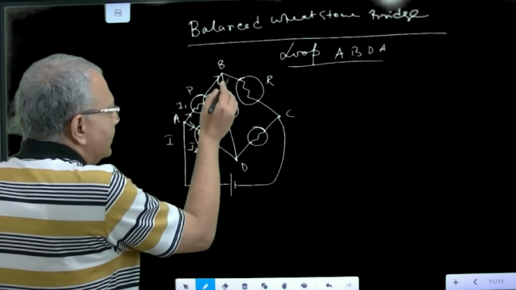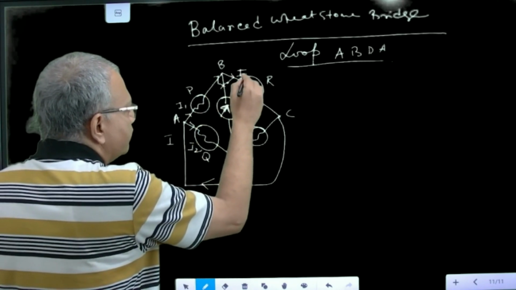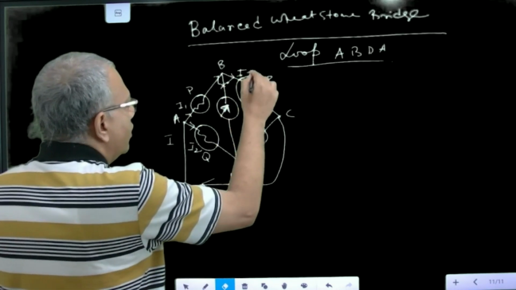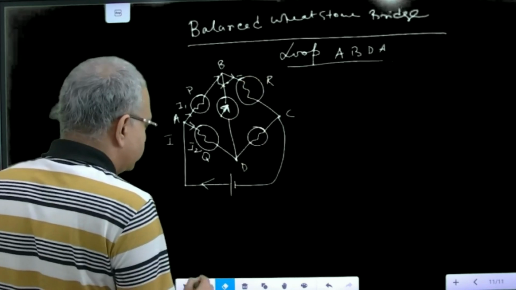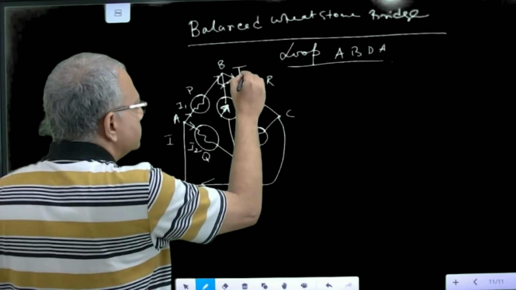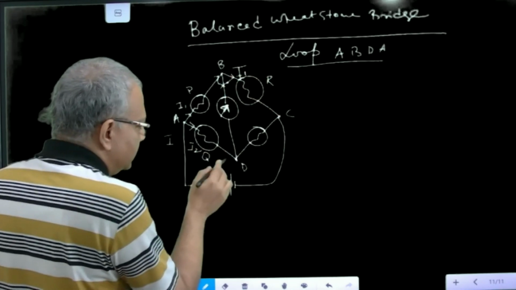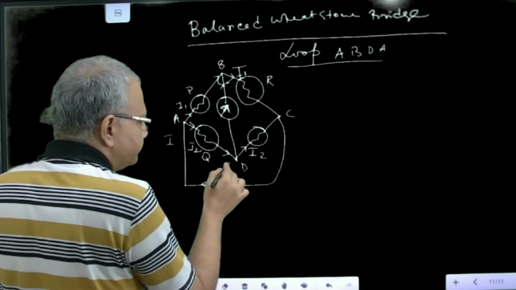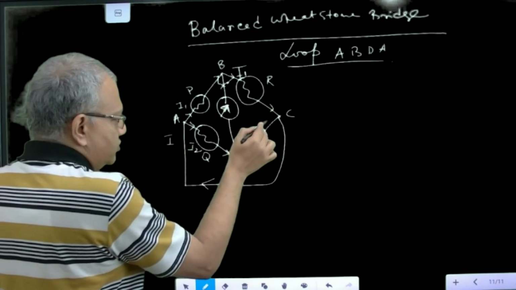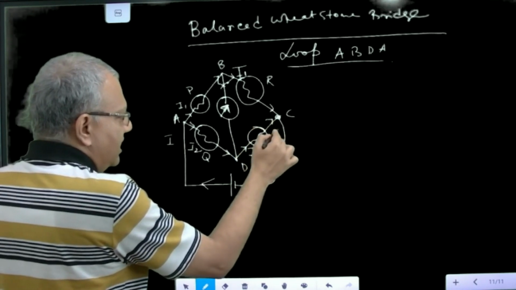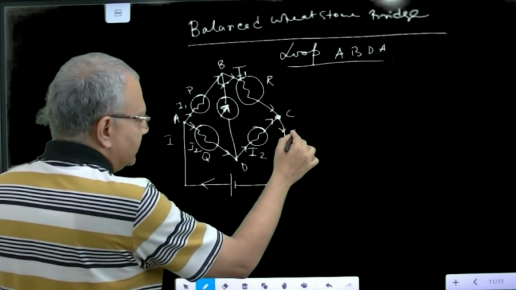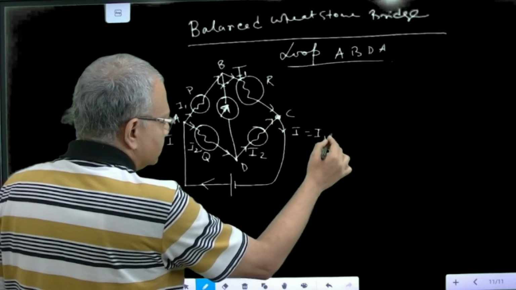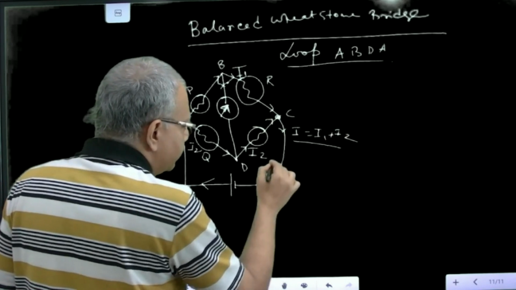So full I1 flows through this resistance. Similarly, I2 comes here and flows through this one. This I1 and I2 meet here, and the combination I equal to I1 plus I2 returns back.